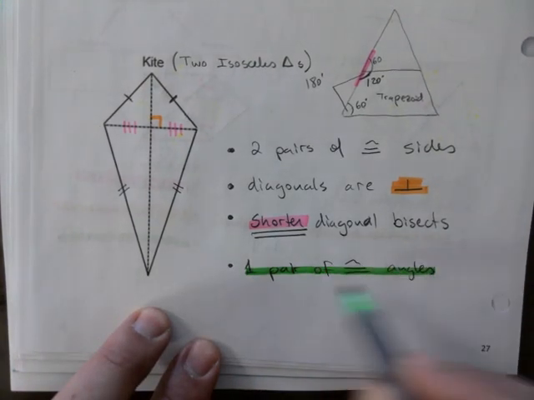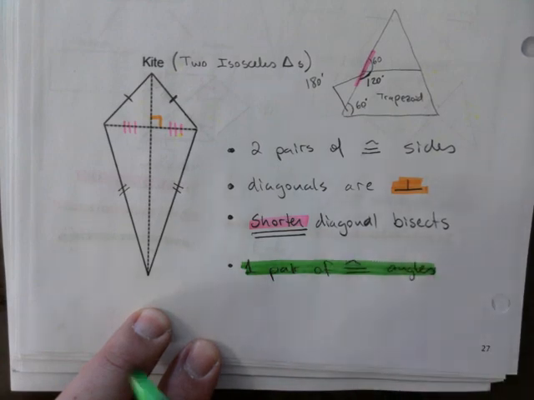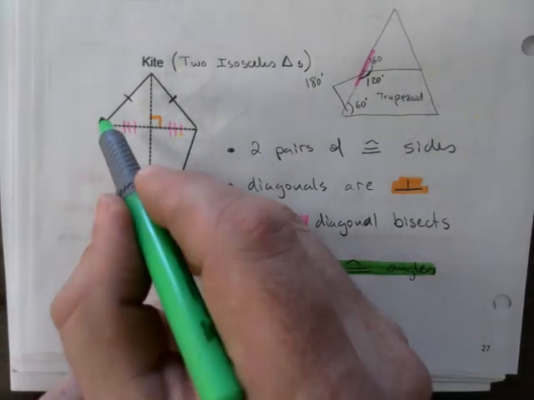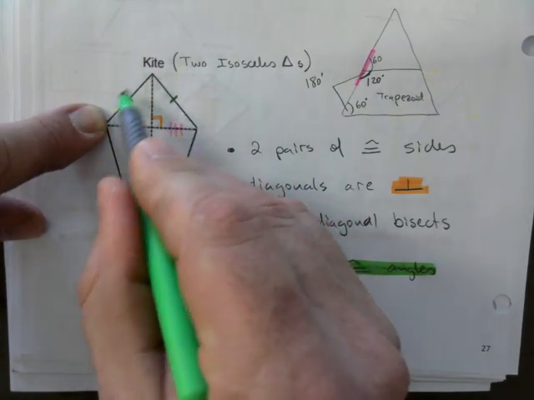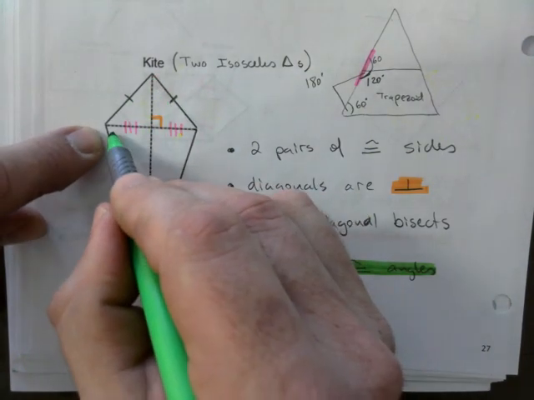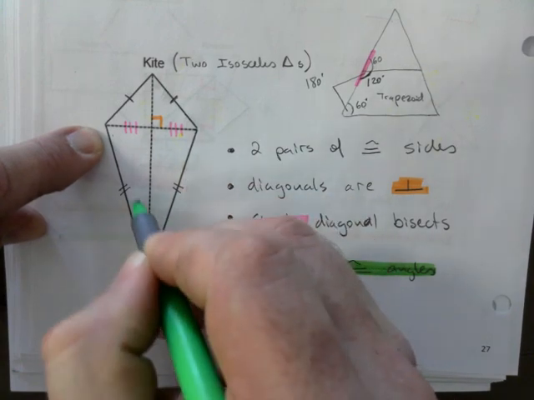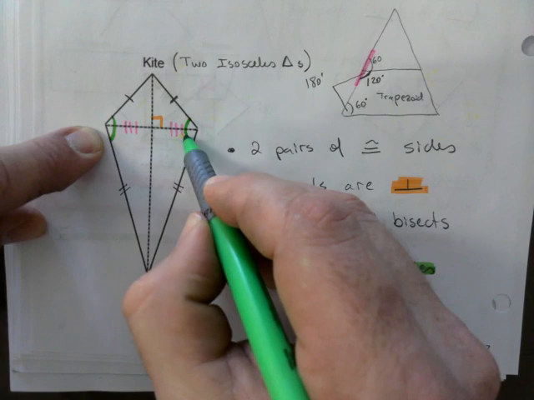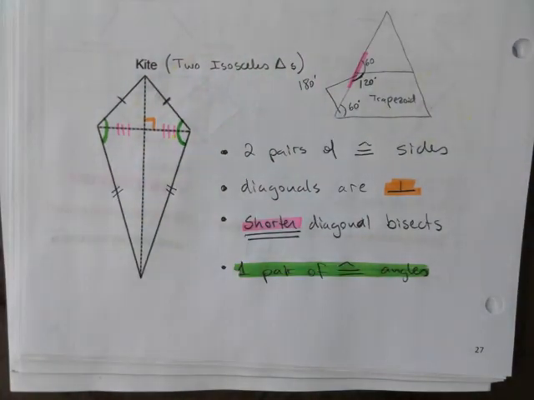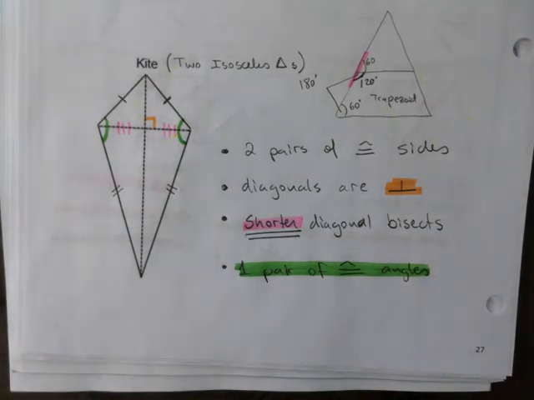One pair of congruent angles. And which ones would those be? See how these two are the same for the isosceles triangle up here, and these two are the same for the isosceles triangle down here. So yes, they would actually add up to be the same. Or they would be the same, sorry.